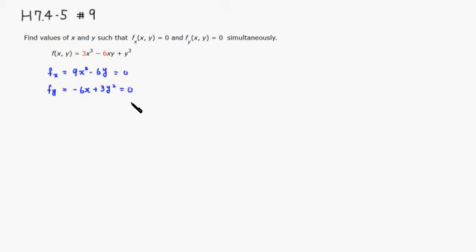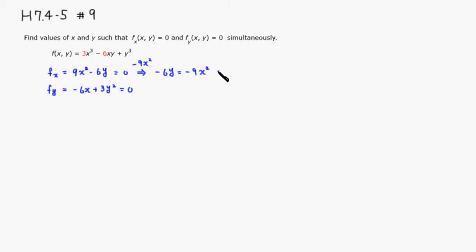Now I'm going to try to solve the top one for y. I'm going to subtract 9x squared, so that you have negative 6y is equal to negative 9x squared.